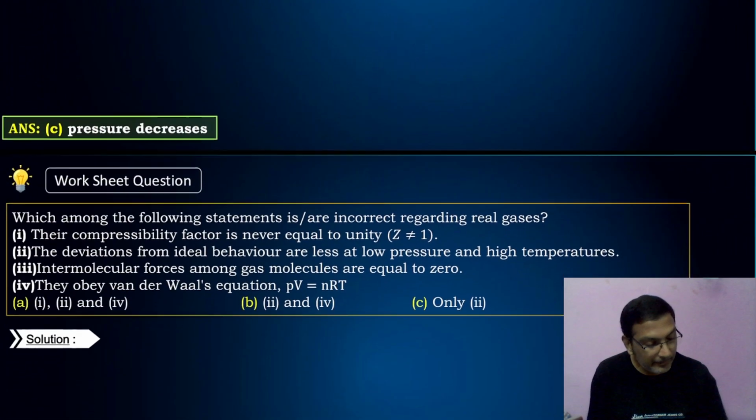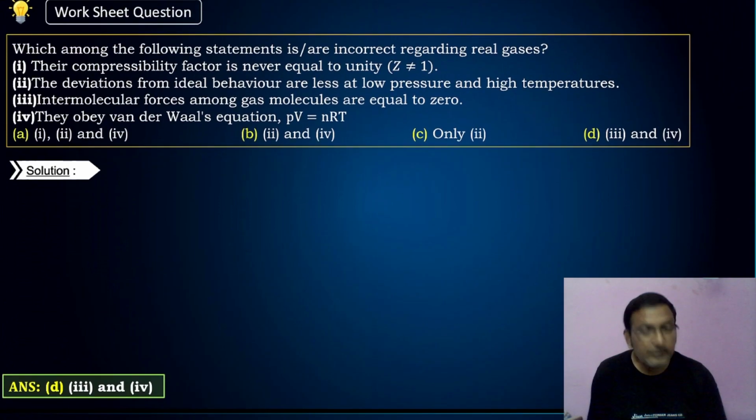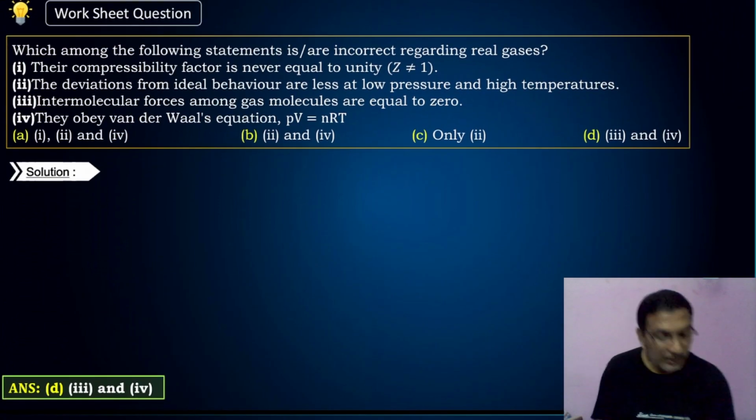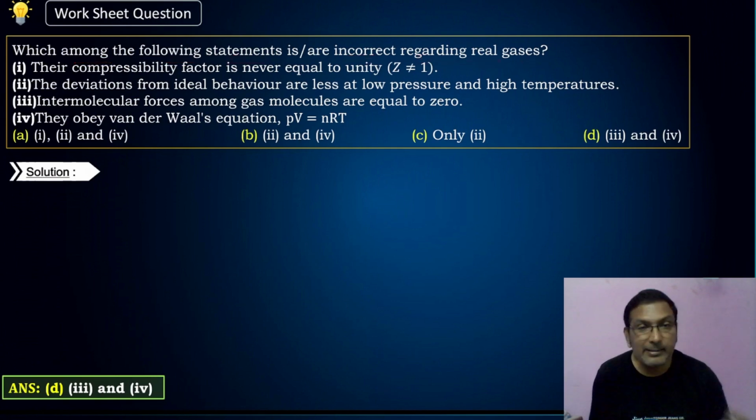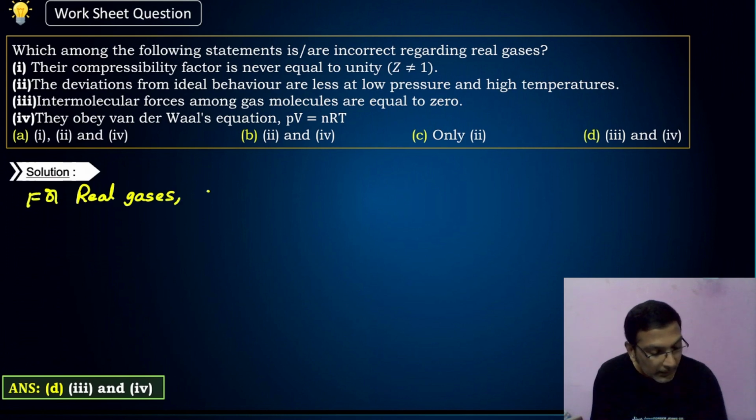Next. Among the following, which are incorrect statements about real gases? For real gases, we know Z is not equal to 1, so that is Z greater than 1 or Z less than 1.